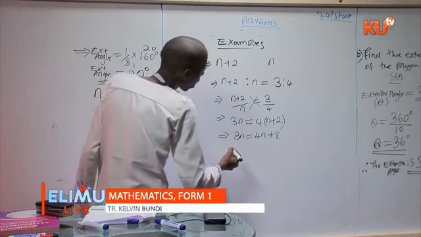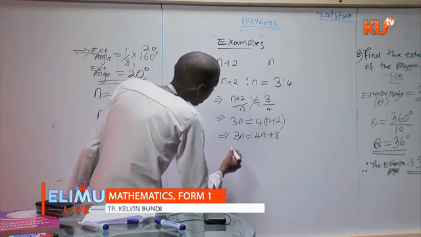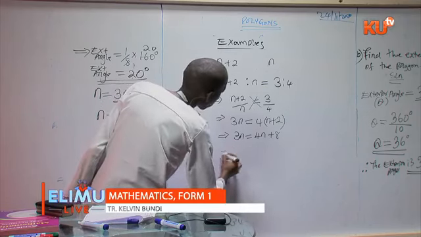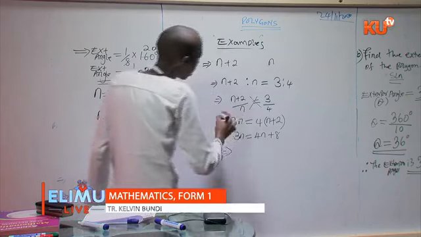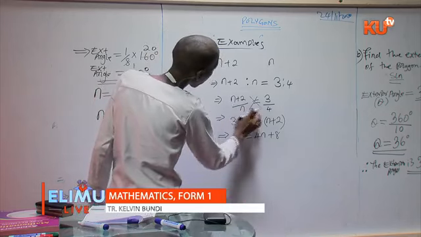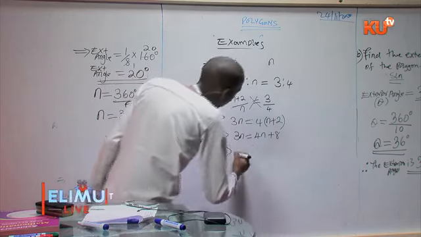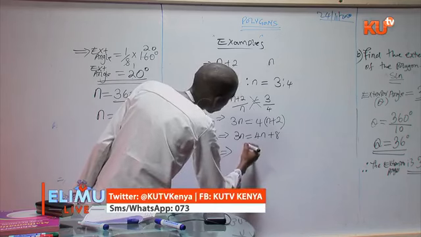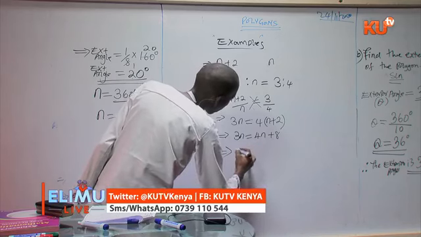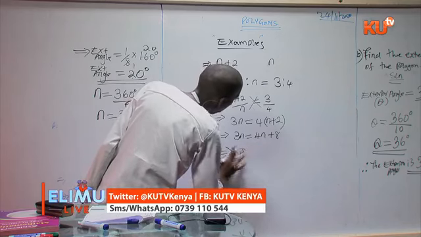Then you bring the like terms together. Take 4n to the other side, 3n to the other side.